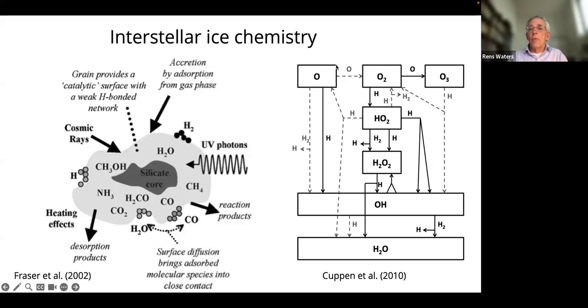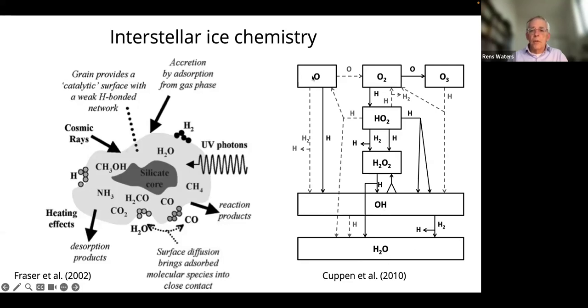And here's an example of what people think would be the formation route of water on the surface of such a dust grain, where you start, for instance, with atomic oxygen together with OH to go to H2O, but you can also have more complicated routes that go through molecular oxygen that is then hydrogenated and in the end also produces water.